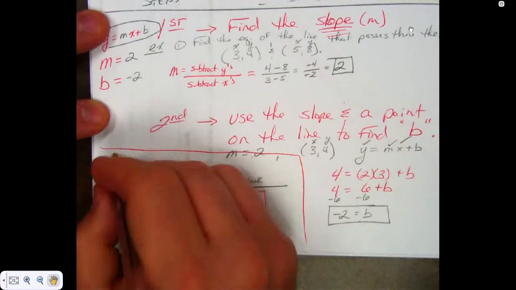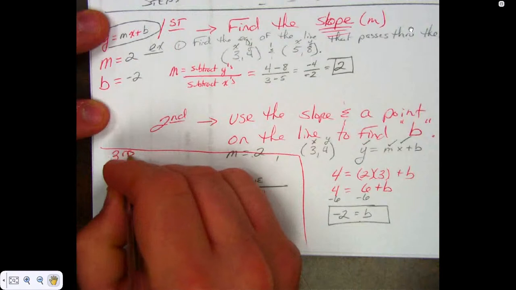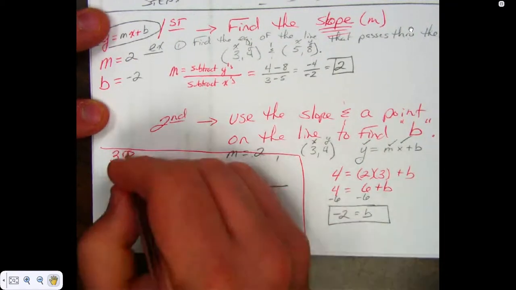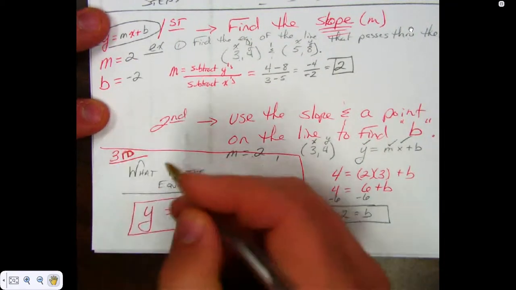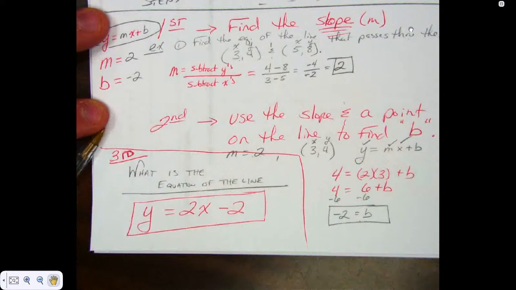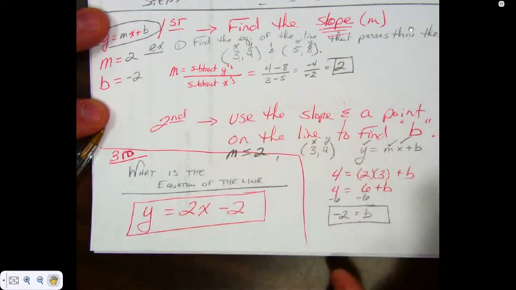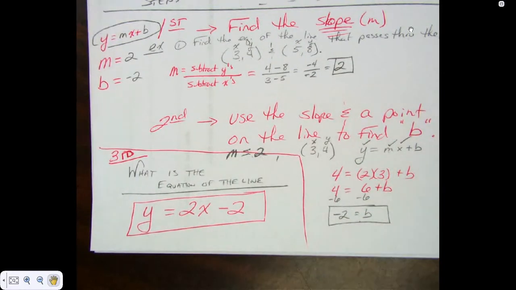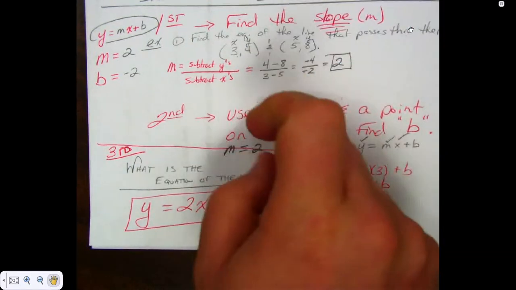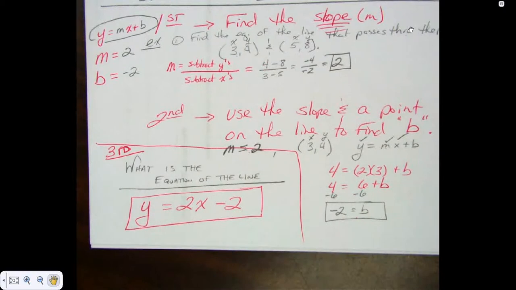This is the first thing we did. This is the third thing we did. Didn't mean to write over the M equal to 2. It's still in. Okay? First, second, third thing we did, right?